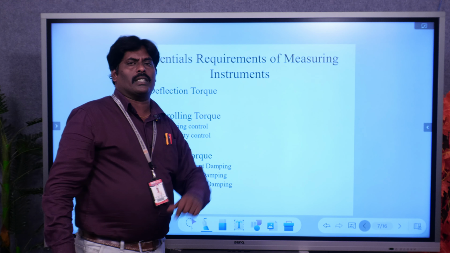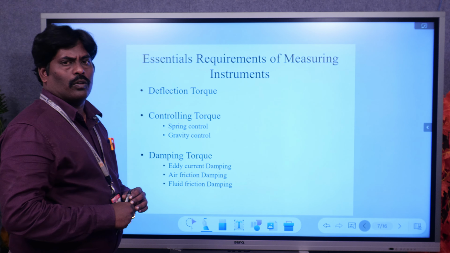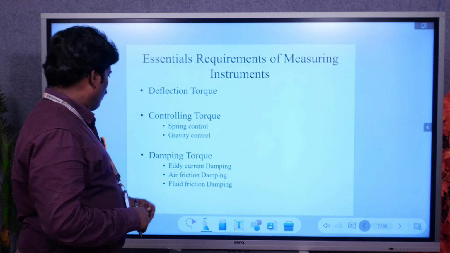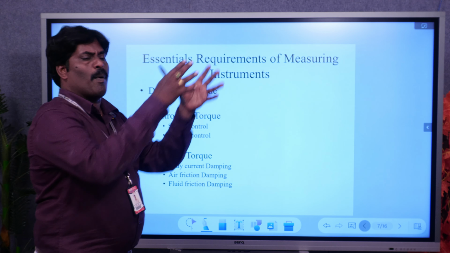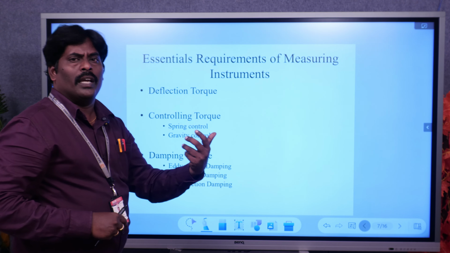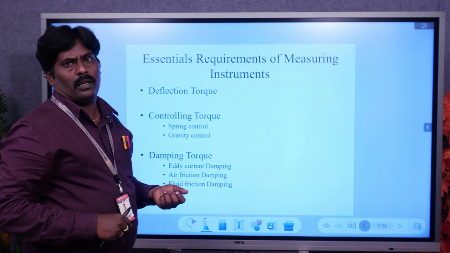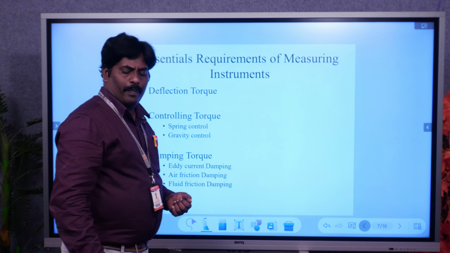And then fluid friction damping. Fluid friction damping means that instead of air, fluid is used for damping to stop the pointer as quickly as possible. It consists of a pot filled with oil, and an iron vane on a spindle rotates against the oil. A force is developed against the rotation of the spindle. That force is called fluid friction damping.